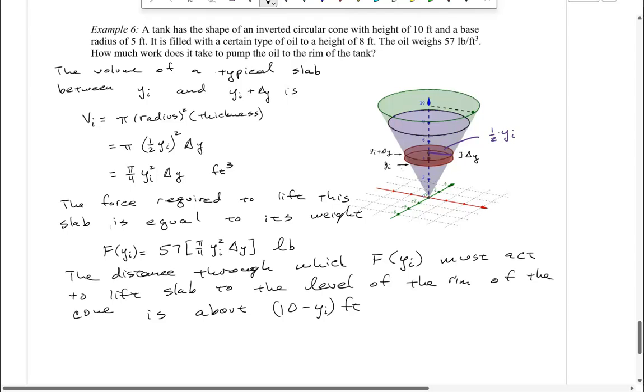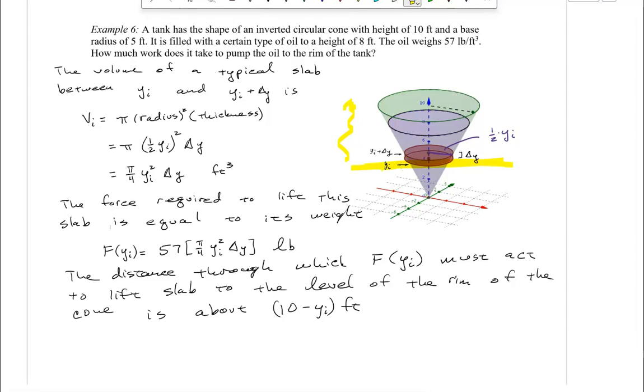So again, we chose our y sub I right here at this height. And so if the whole cone is 10 feet high, we just need to lift it 10 feet minus how high the slab already is, which is y sub I. So that seems to make sense.